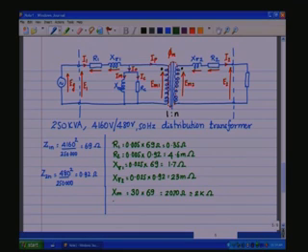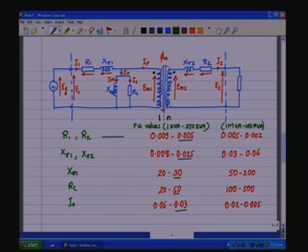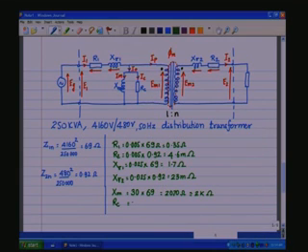And RC has a value of 50. So, it is 50 into 69, which is 3450 ohms. It's approximately 3.5 kilo ohms.